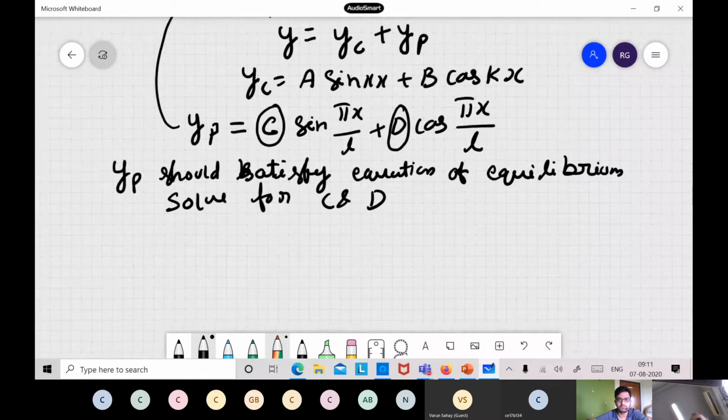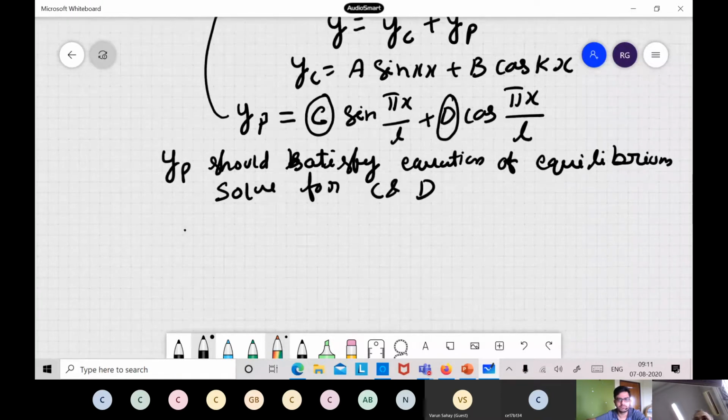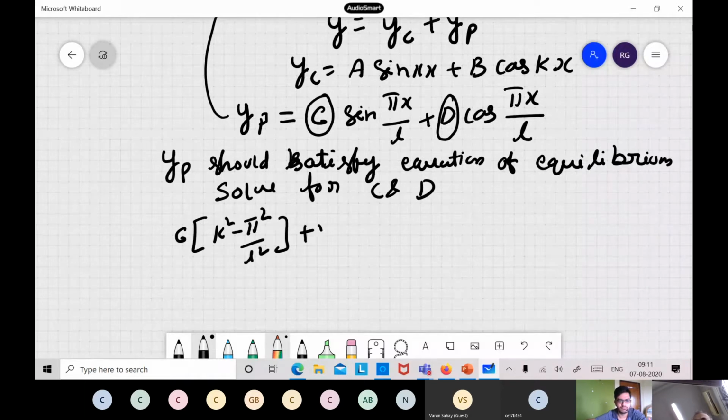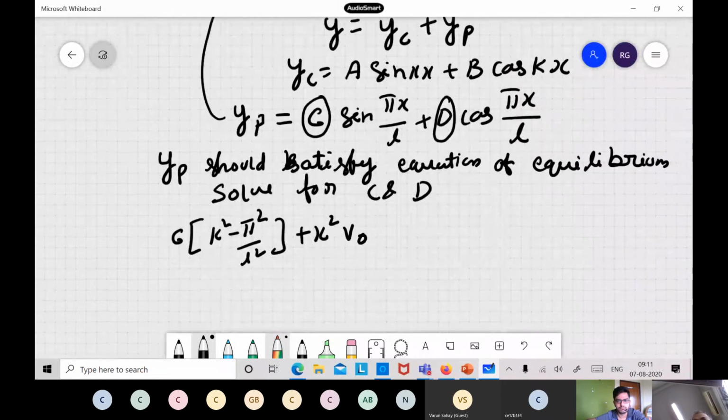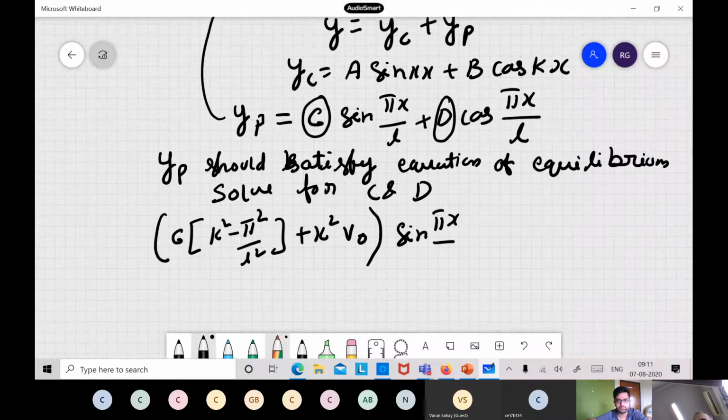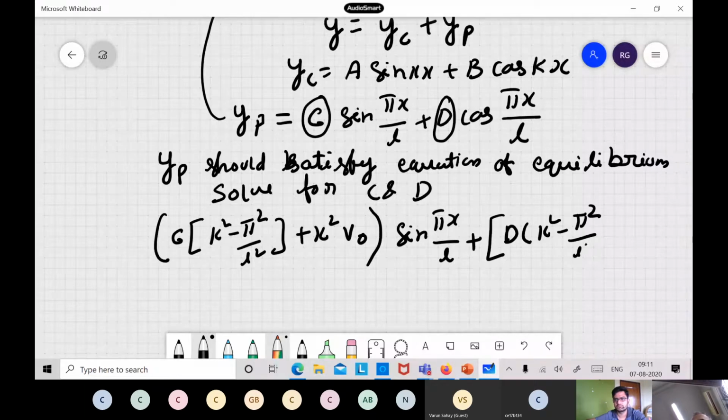Now what happens is you will get an equation like this: c times k square minus pi square by l square, plus k square times v naught, this entire thing multiplied by sine pi x by l, plus d times k square minus pi square by l square into cos pi x by l is equal to 0.